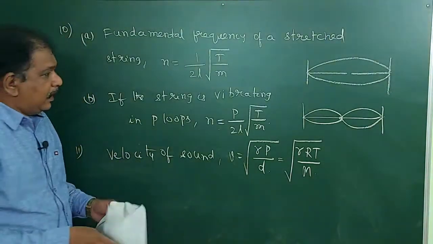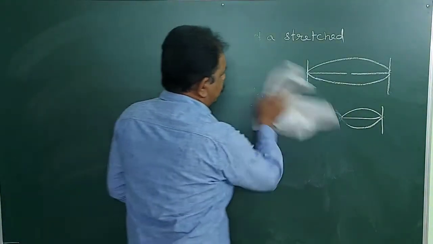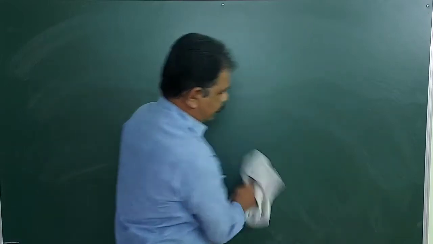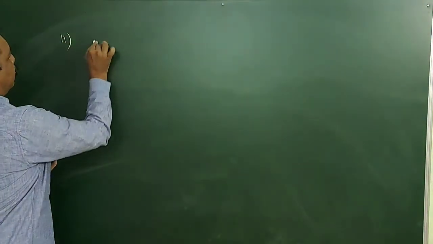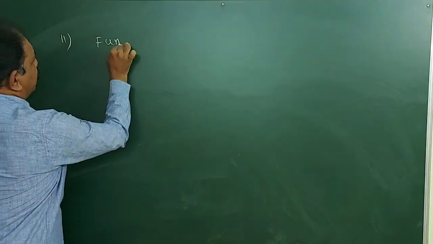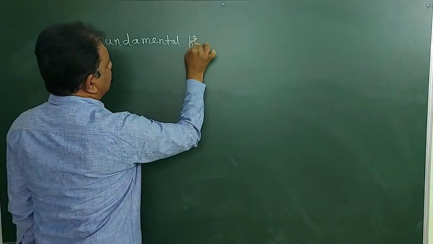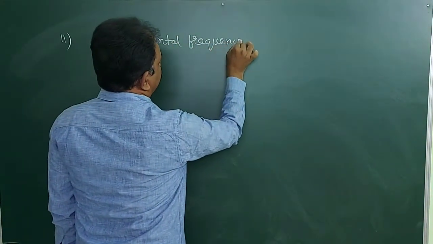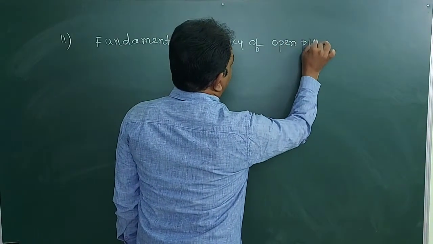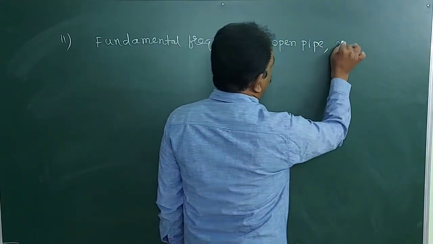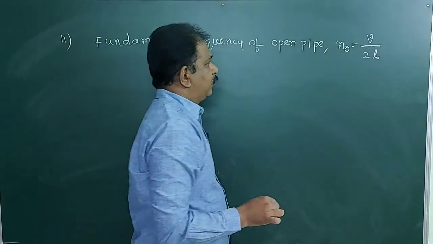This formula we will use. Okay. Next, fundamental frequency of open pipe NO is equal to V by 2L.